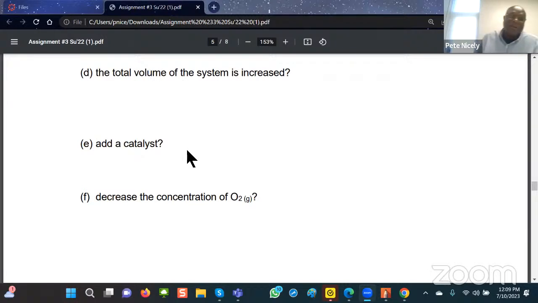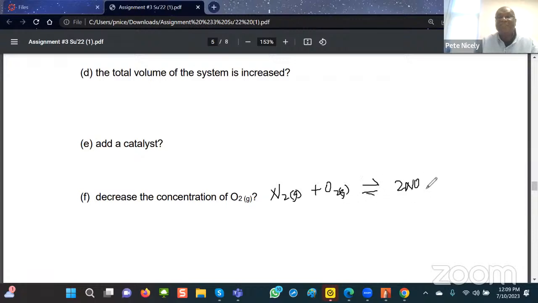All right. Okay. And then we get to F. If you decrease the concentration of O2, right? So let me remind you of the equation again. It is N2 gas plus O2 gas to give 2NO gas.